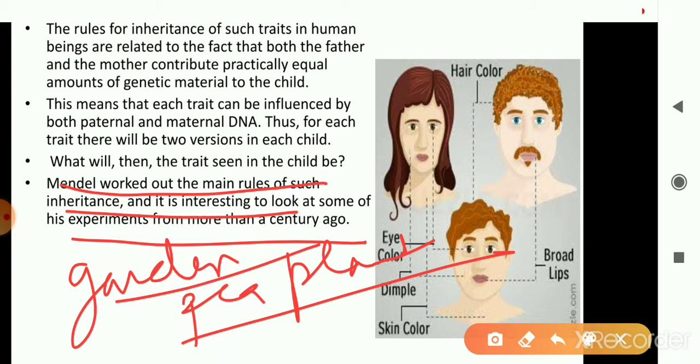So before we move further, you just have to remember that for any character or trait that we have, in case of a sexually reproducing organism, both the parents, that is the father and the mother, or the male and the female parent, both of them contribute their genetic material. Okay, so for each trait there will be two versions of genes in the child. One will be expressed and the other may not be expressed. So how it is done, that is what was studied by Mendel.